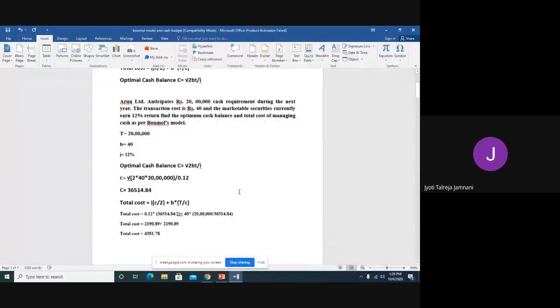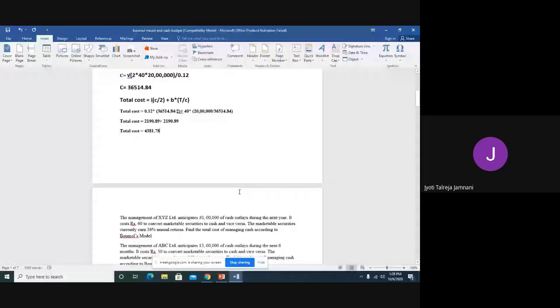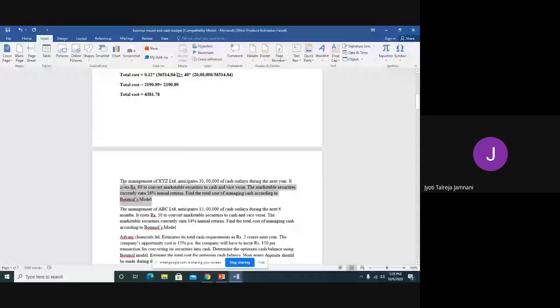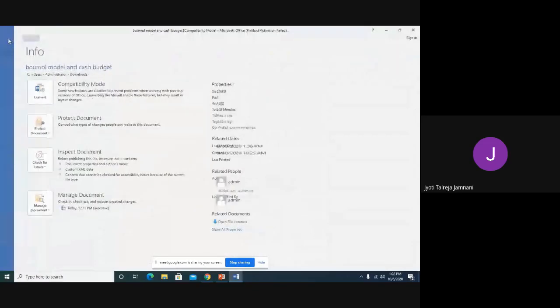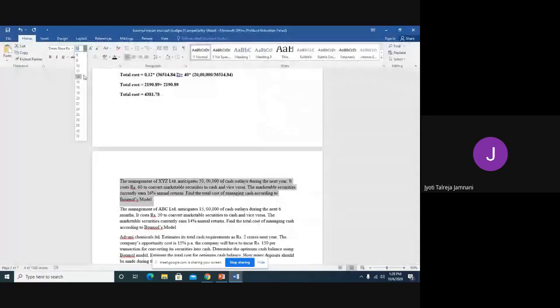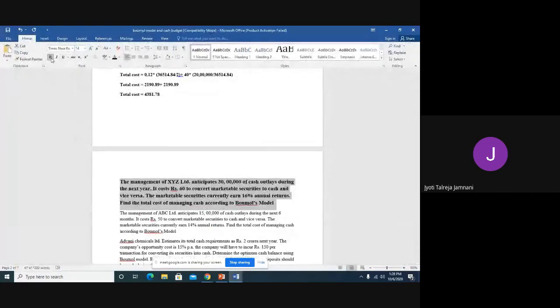Now let's go to the next question. The first problem, how we have solved, in a similar way we will do the next question as well. First, we'll write down what all is given, and then we will see how to calculate the values.